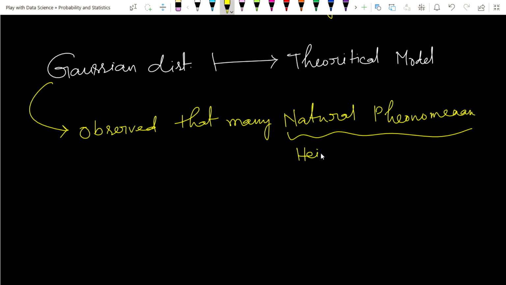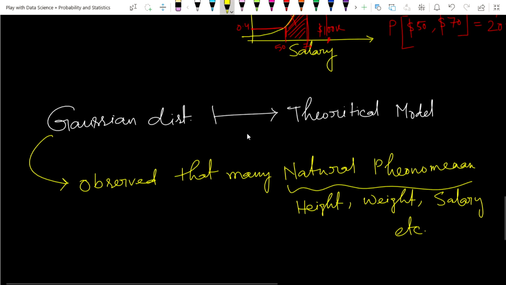Height, weight, salary, as I discussed, and such things, etc. Such things obey the Gaussian distribution. This is the main thing.